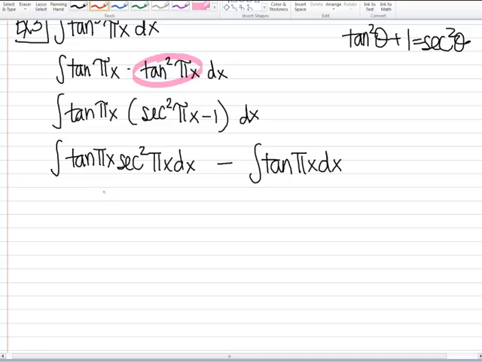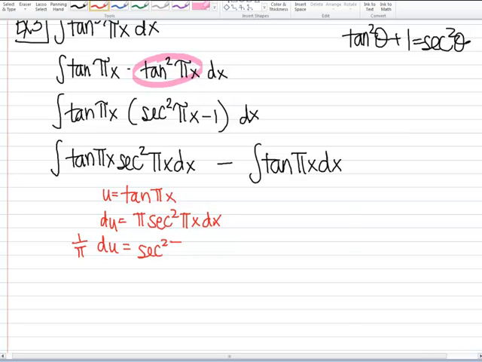Most of you will probably see that u equals tangent pi x. Therefore, du will equal pi secant squared pi x dx. Make sure you have that extra pi because that's from our chain rule. So 1 over pi du equals secant squared pi x dx.